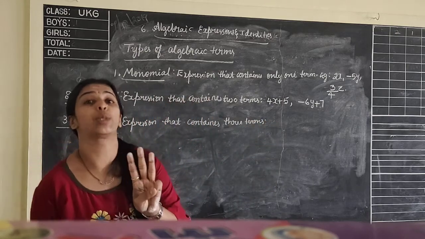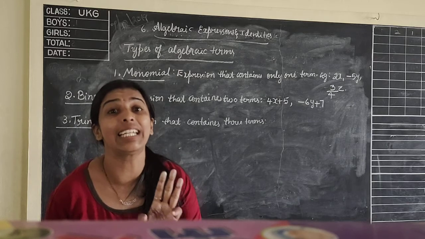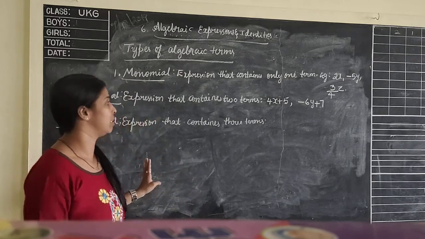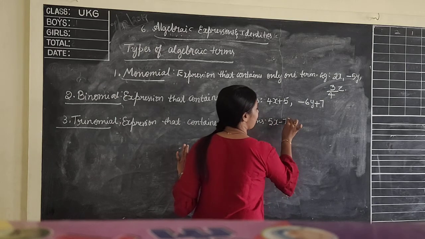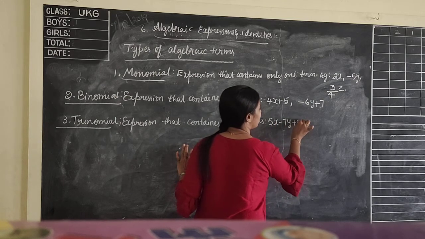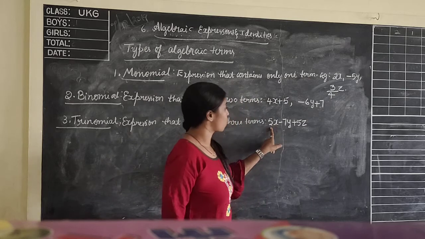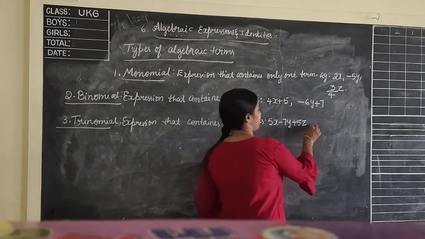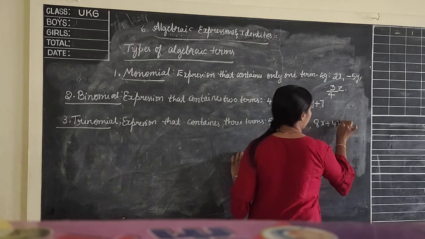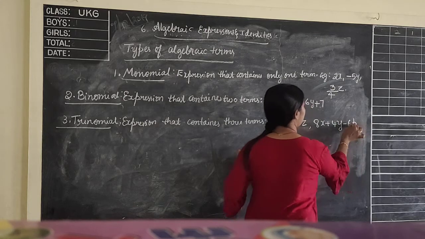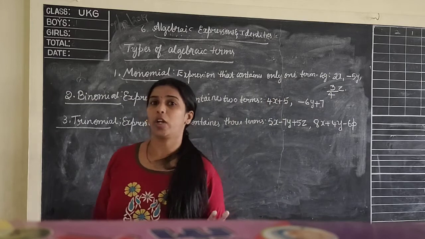Tri means 3. Expression that contains 3 terms is a trinomial. So the example, 5x minus 7y plus 5z. 3 terms, 1, 2, 3. This is the trinomial.